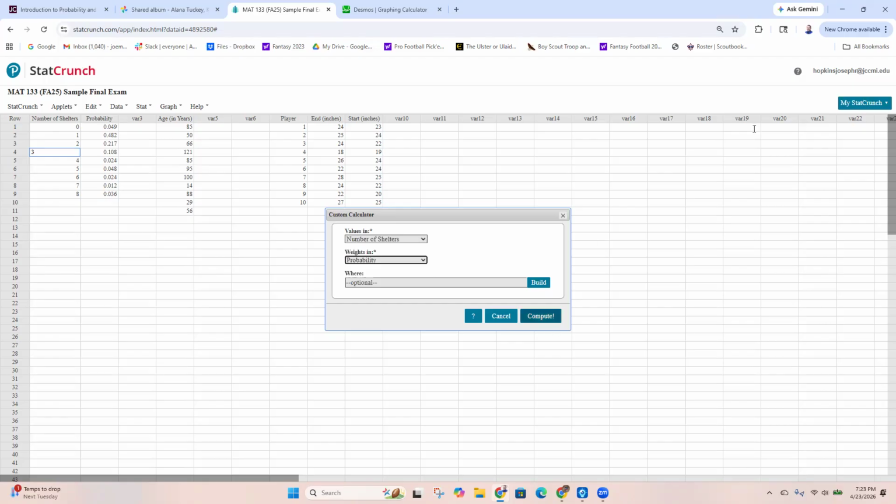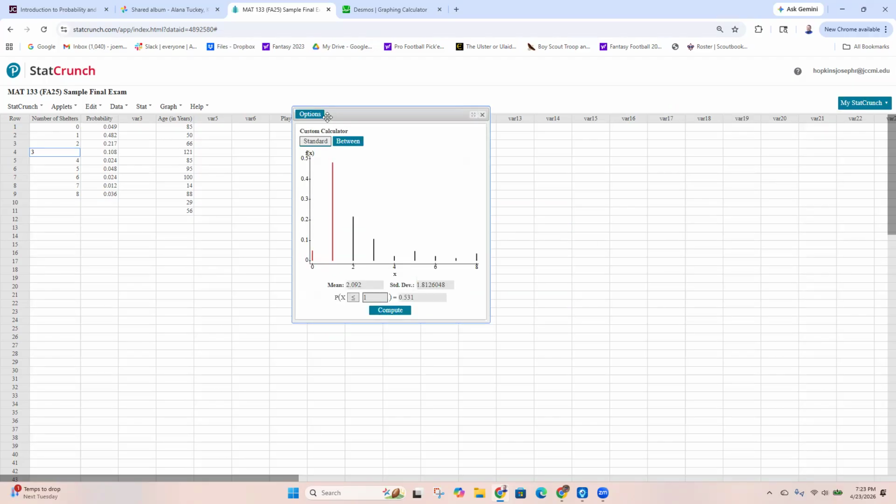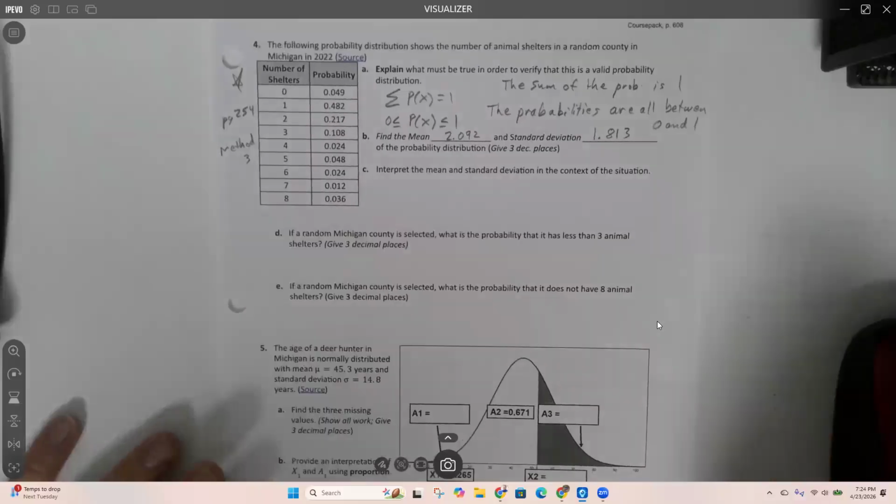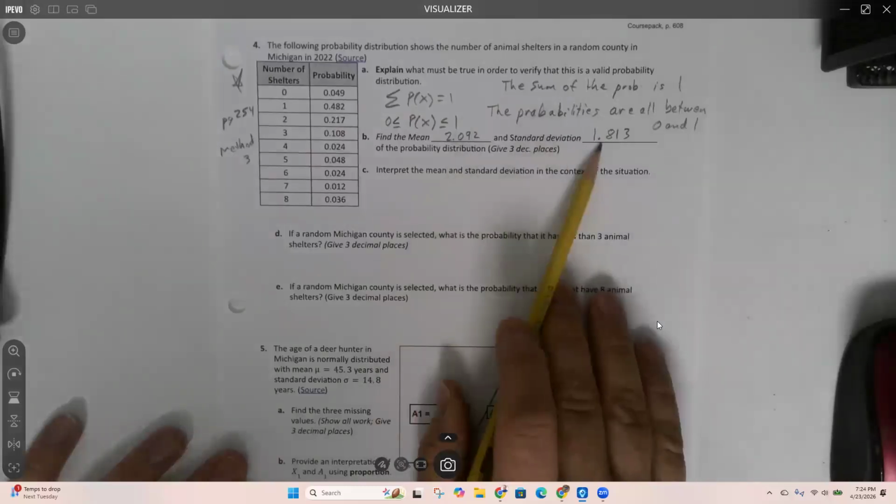Then I'll hit compute and I'll get my mean, 2.092, and my standard deviation, 1.813. There's my mean and my standard deviation.